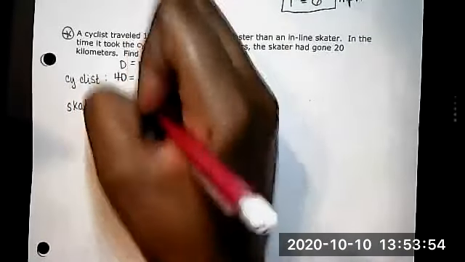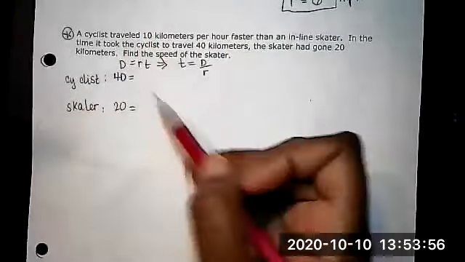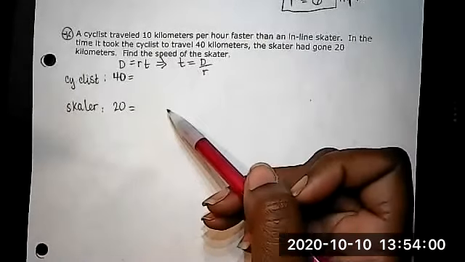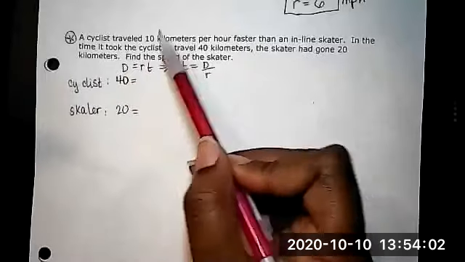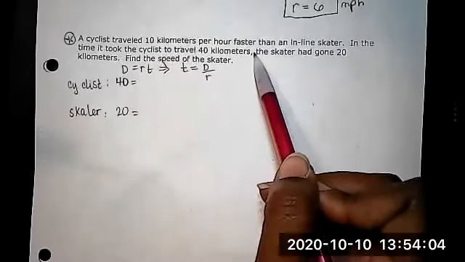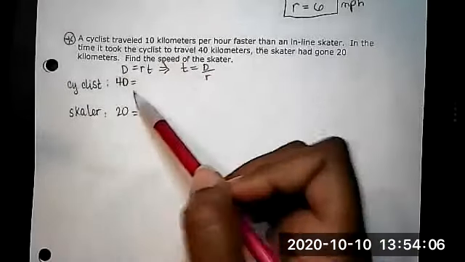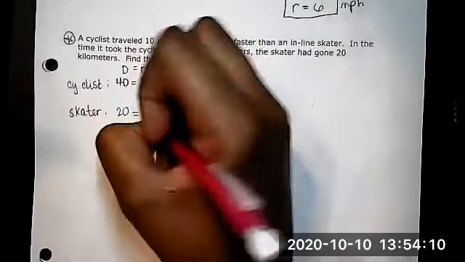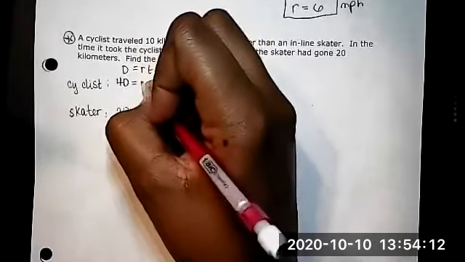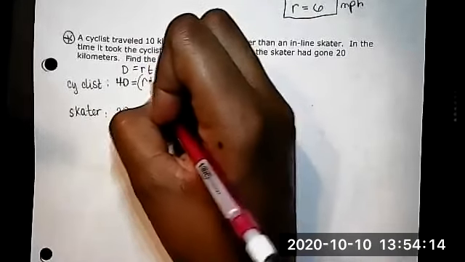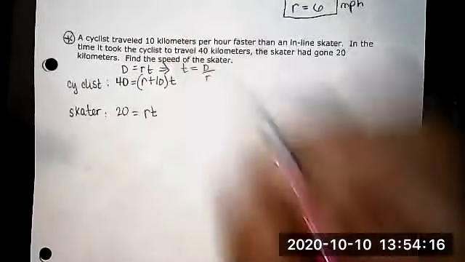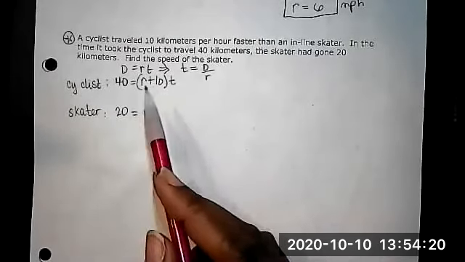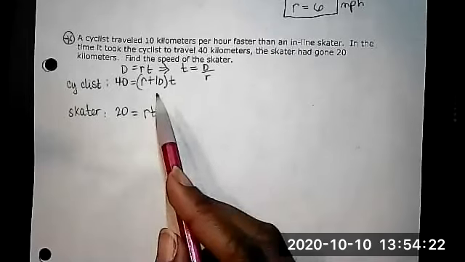The cyclist traveled 10 kilometers per hour faster. So whatever the skater traveled is the rate, and the cyclist's rate is 10 more than that. We don't know this rate, but we know that this one is 10 faster.